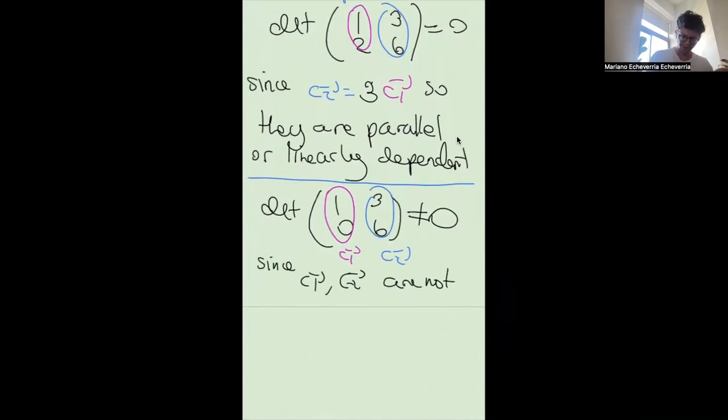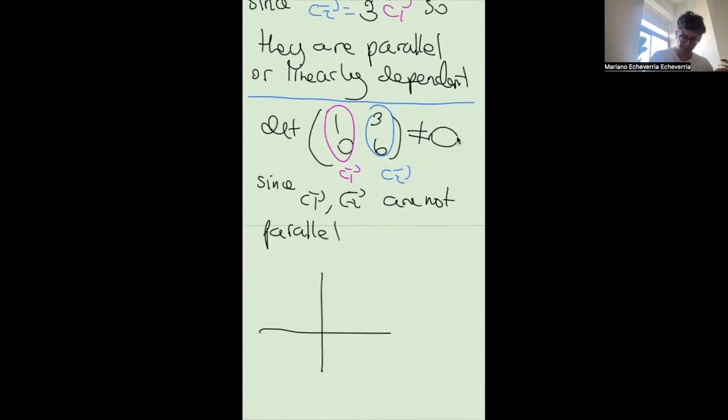It's very easy to see if you literally draw them. C1 is essentially on the x-axis, here's C1, 1, 0, and here's C2. C2 is way bigger than C1, right?